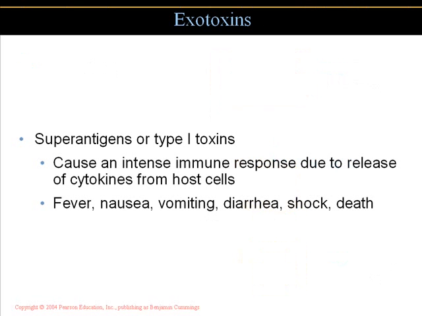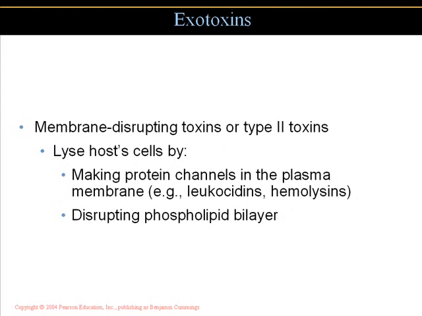Superantigens, again as a review, are type 1 toxins that cause an intense immune response due to the release of cytokines. Fever, nausea, vomiting, diarrhea, shock, and or death can occur. And then there are membrane disrupting exotoxins, type 2 toxins, that lyse the host cells. They make protein channels in plasma membranes, such as leukocidins and hemolysins, and this disrupts the cell membrane and breaks the phospholipid bilayer.